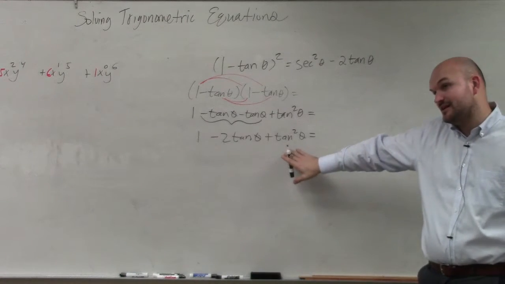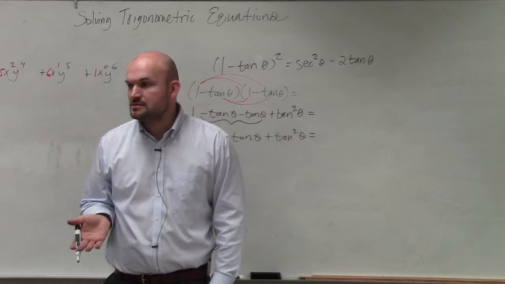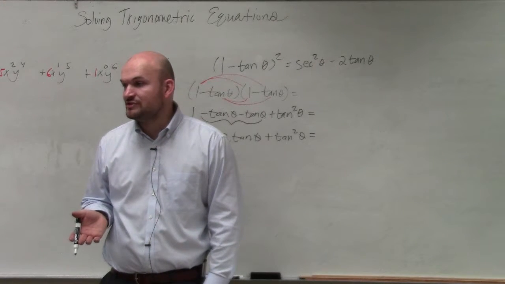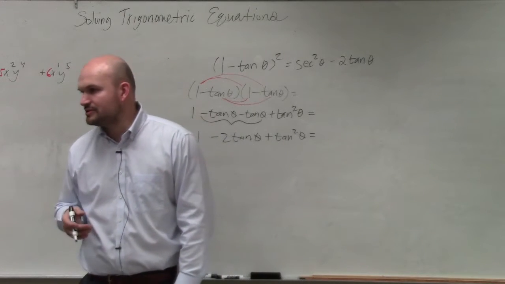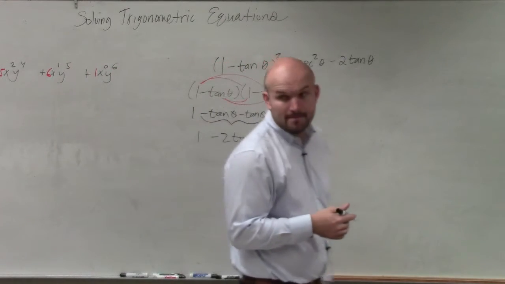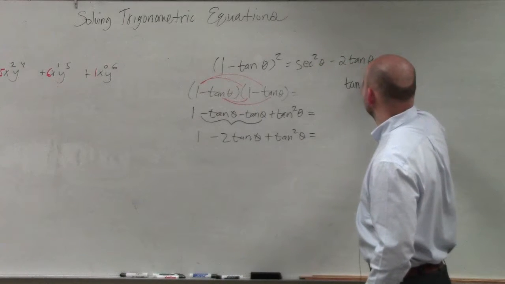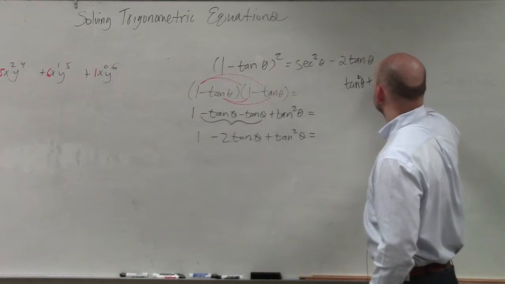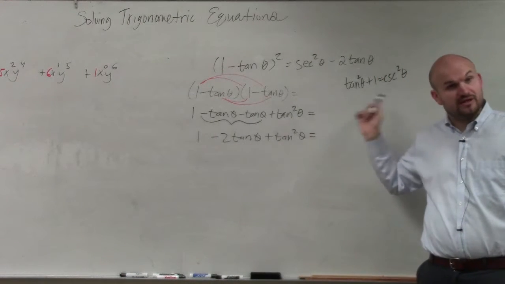So the Pythagorean identity, which is tangent squared, is what? It's on your paper. Tangent squared plus, oh, you have a different one, don't you? Basically the identity you could write is tangent of theta squared plus 1 equals secant squared of theta. If you look at that, we could rewrite that.